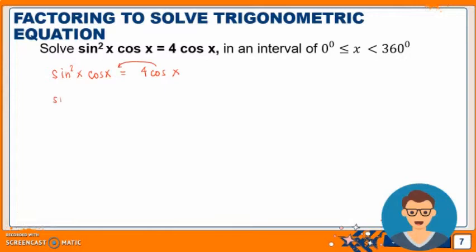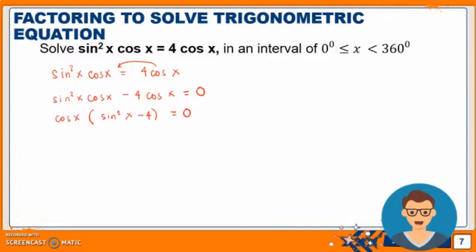So that is sine squared x cosine x minus 4 cosine x is equal to 0. Now let's factor out cosine x since it's common to both terms. So that is cosine x times sine squared x minus 4 is equal to 0.